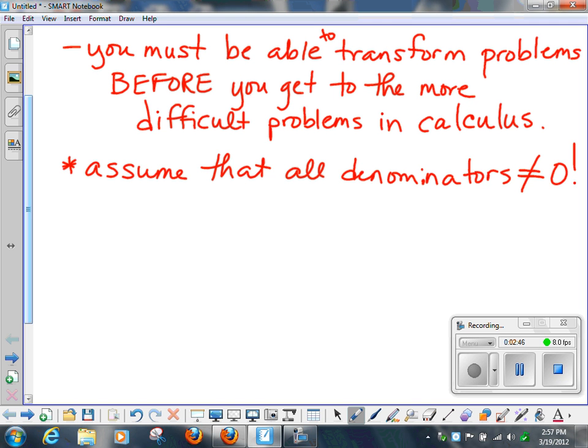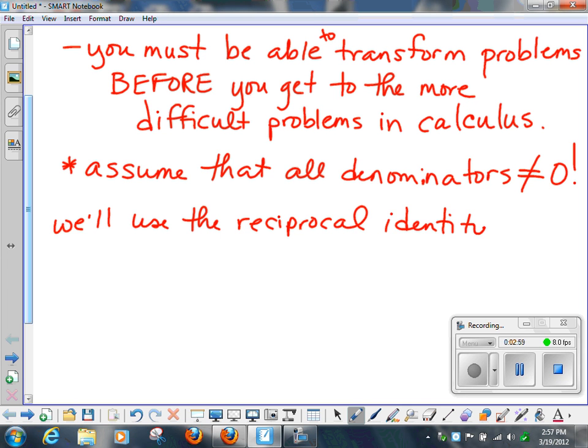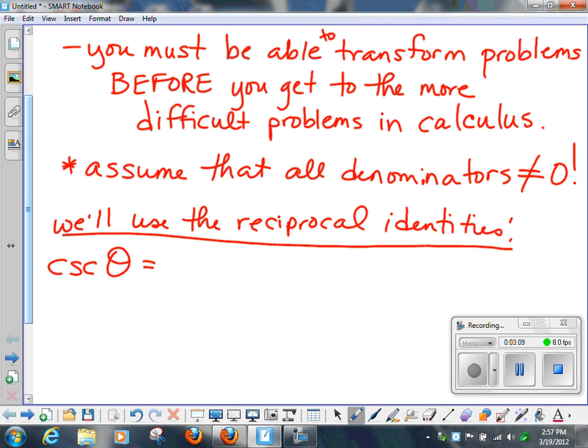We're going to be using the reciprocal identities. And we talked about this several weeks ago, and then we had to leave them for a little bit, and now we're back to them. But we're going to use the reciprocal identities. What are they? Folks, do you remember what cosecant of theta is equal to? What's that the reciprocal of?